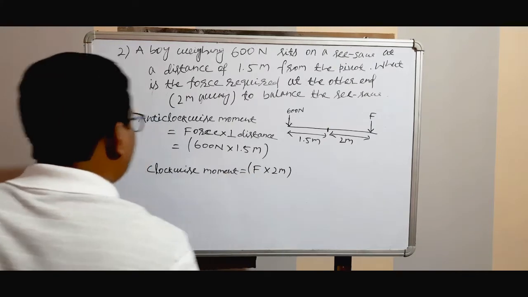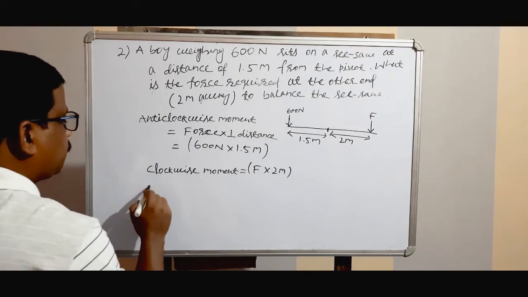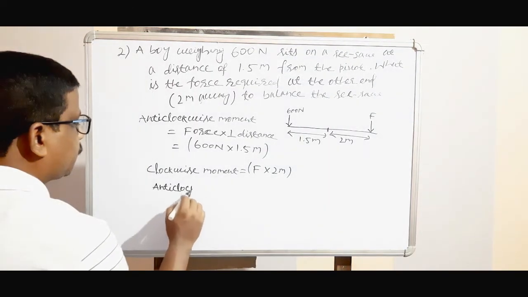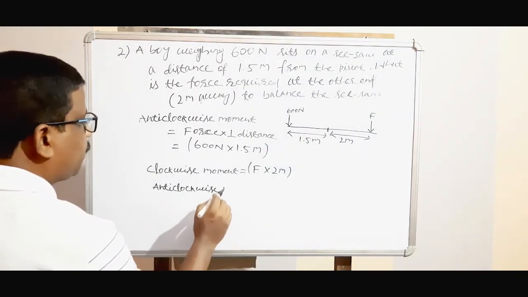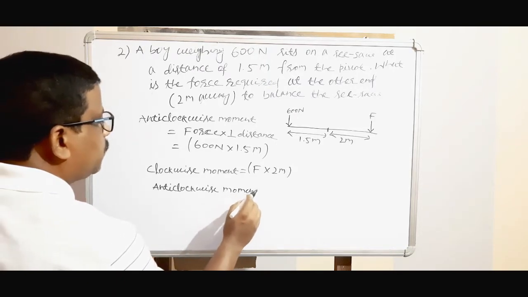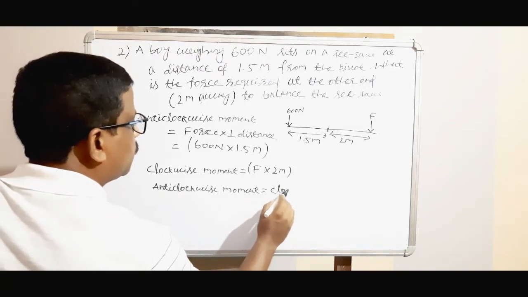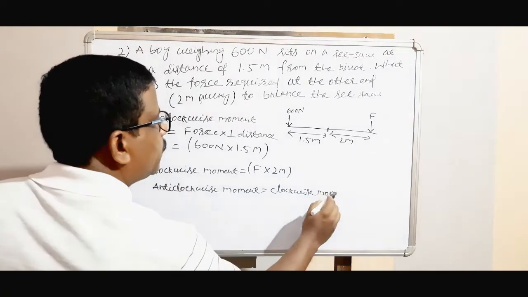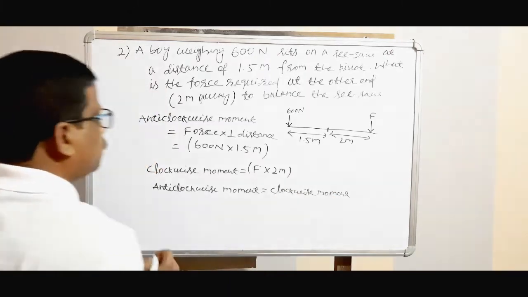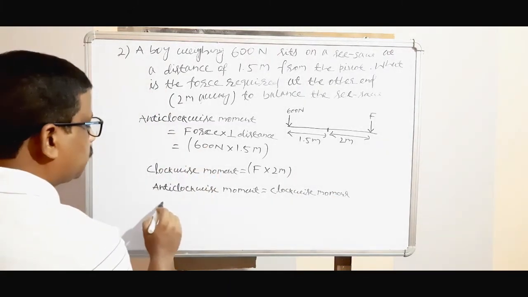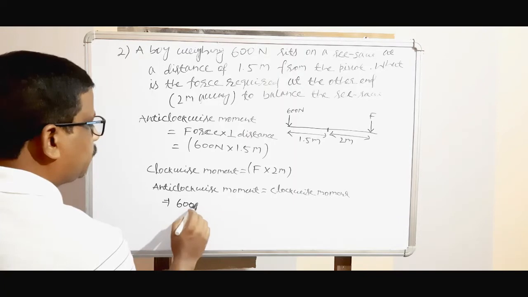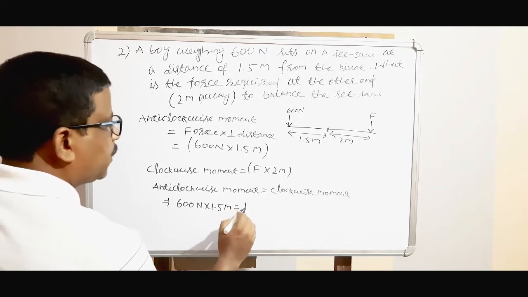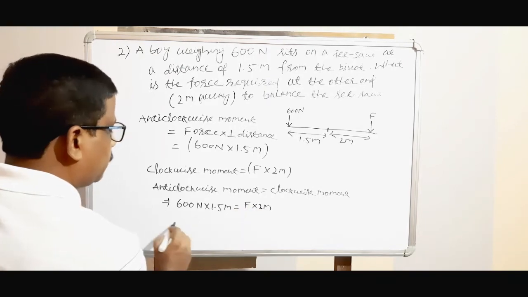So according to the principle of moments, anti-clockwise moment is equal to clockwise moment. So the anti-clockwise moment, what you got? 600 Newton into 1.5 meter is equal to F into 2 meter.